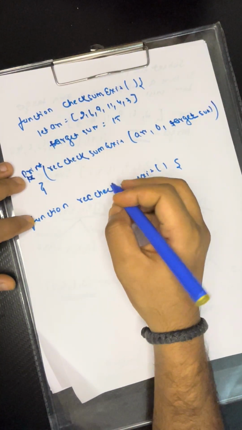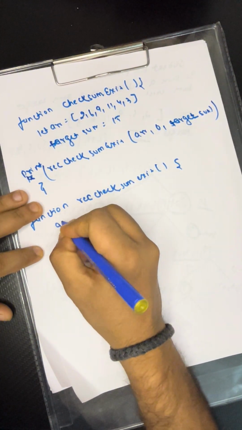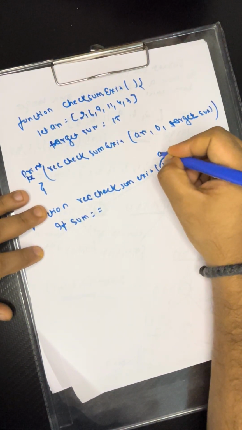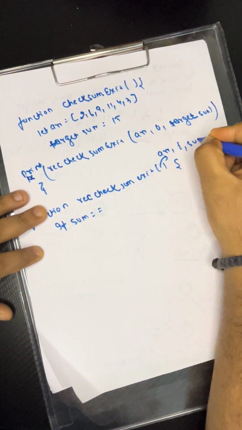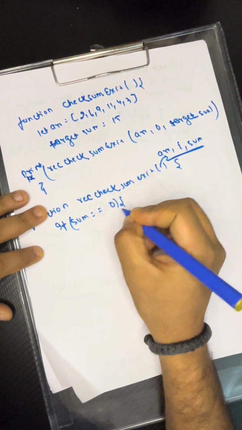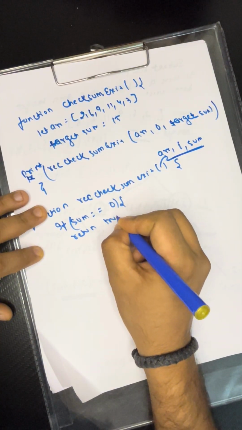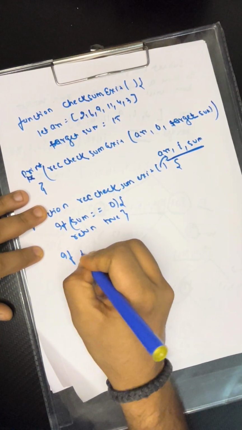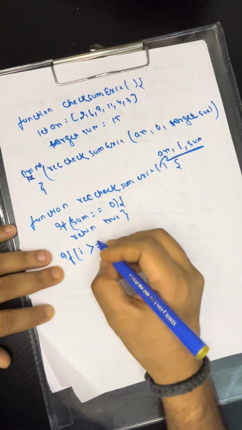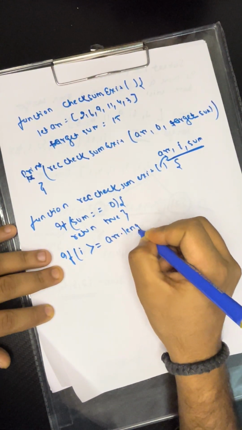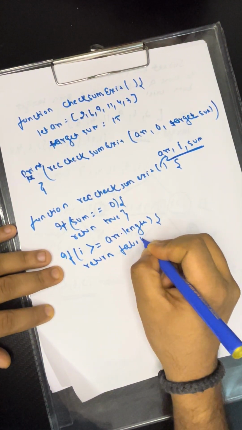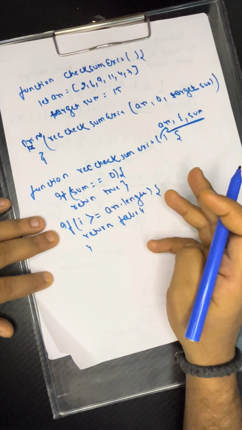What we'll do there: if the sum is equal to 0, then what will we return? We return true. If i is greater than or equal to arr dot length, then in this case we return false. Else we have two scenarios.